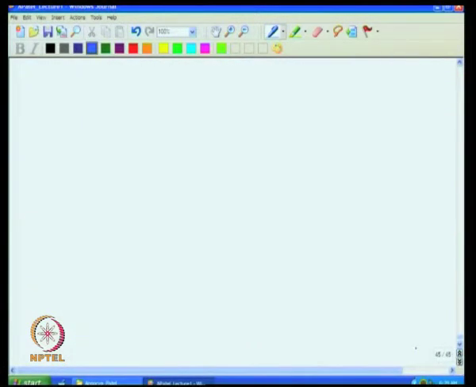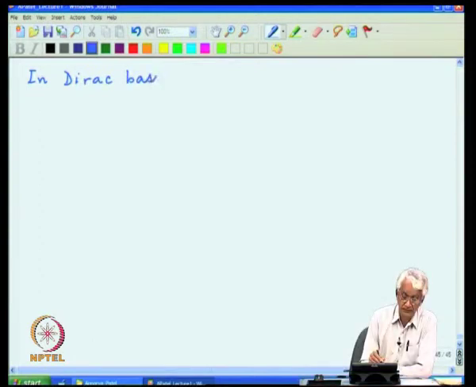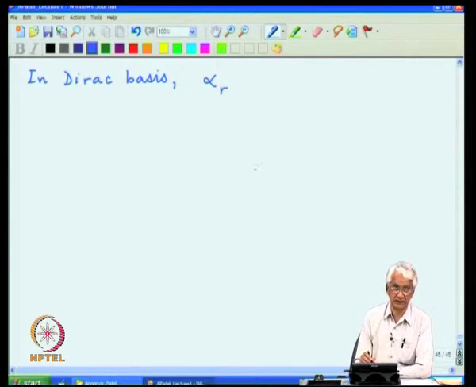because now we can go back and look at the original equation that we used. We used a particular form for the matrix alpha r, which was just plus I and minus I in the off diagonal terms.